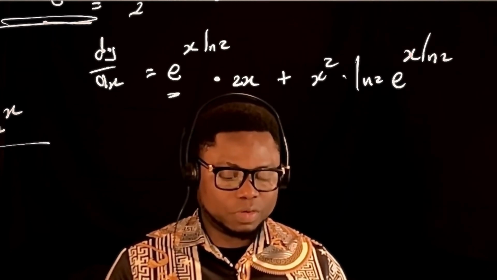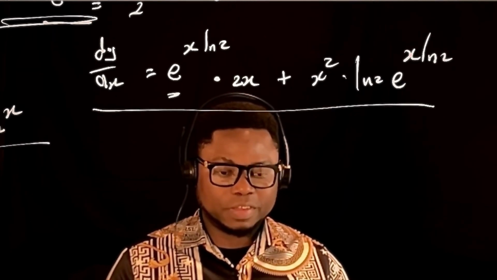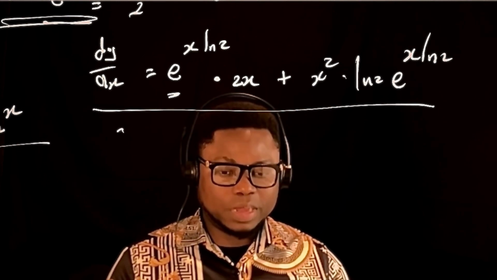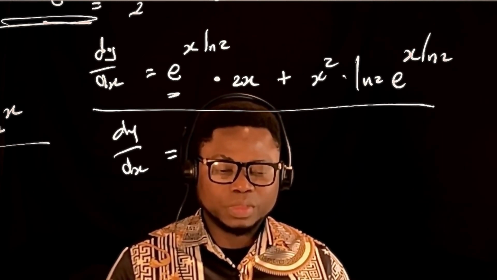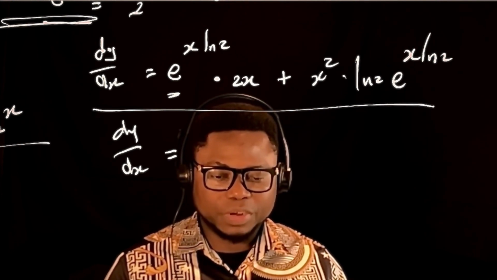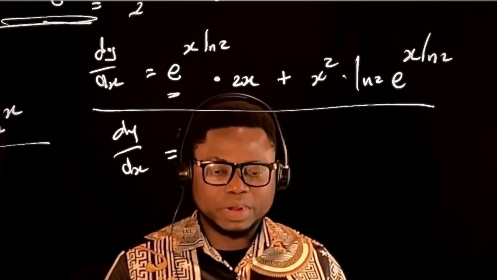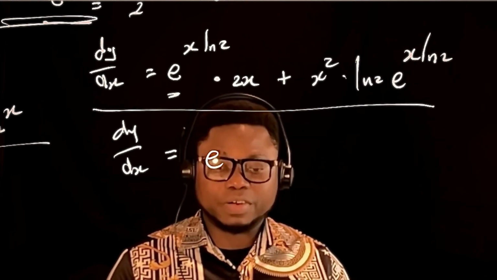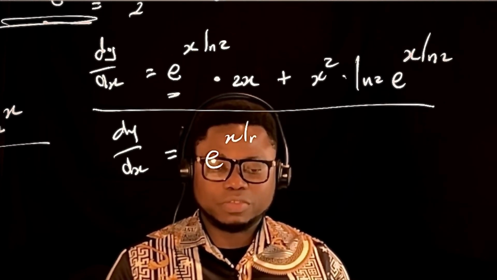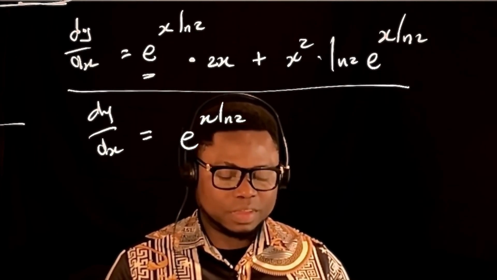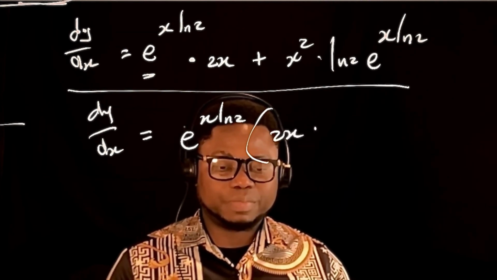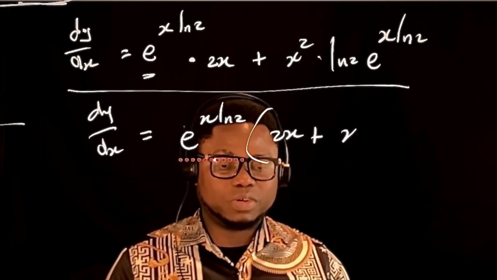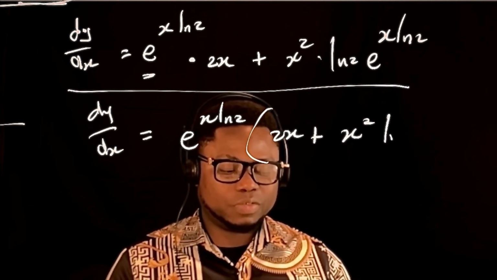So in this case, I'm going to simplify this. Dy over dx is equal to, so looking at this expression, I can factorize, I can bring out e raised to the power of x ln 2 out of the bracket, and I'll put a bracket here and write 2x plus x squared ln 2.